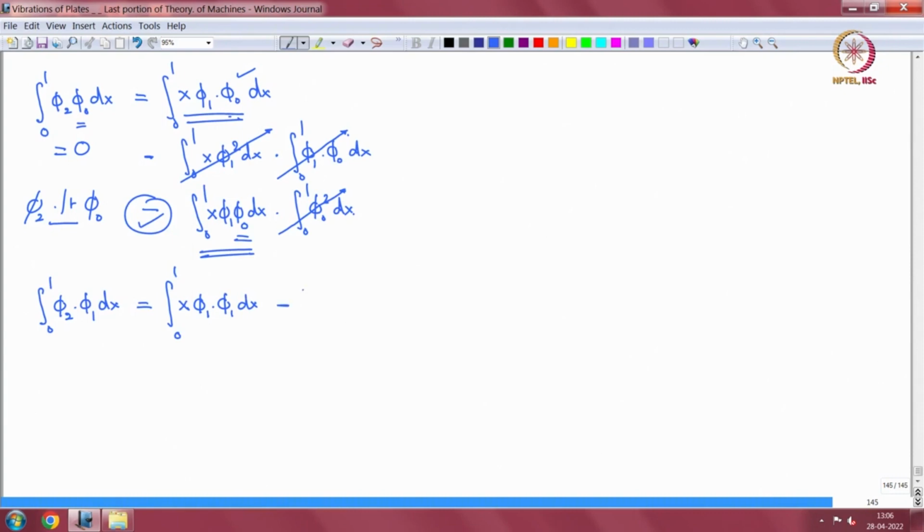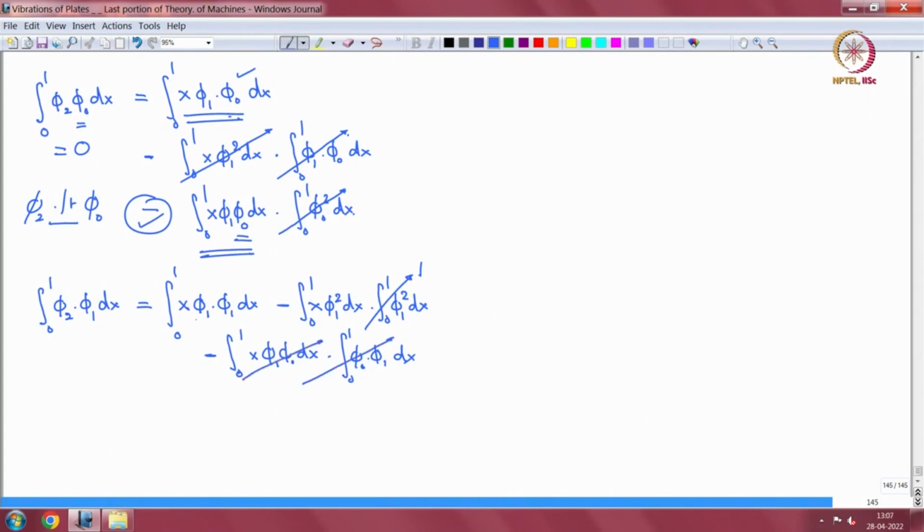I have minus integral 0 to 1 x phi 1 square dx, and I have phi 1, so this is integral 0 to 1 phi 1 square dx, and this is 1 from orthonormalization. Then minus integral 0 to 1 x phi 1 phi 0 dx, and I have phi 0, so I have integral 0 to 1 phi 0 into phi 1 dx. Now, phi 0 phi 1 are orthogonal, so this term goes to 0.